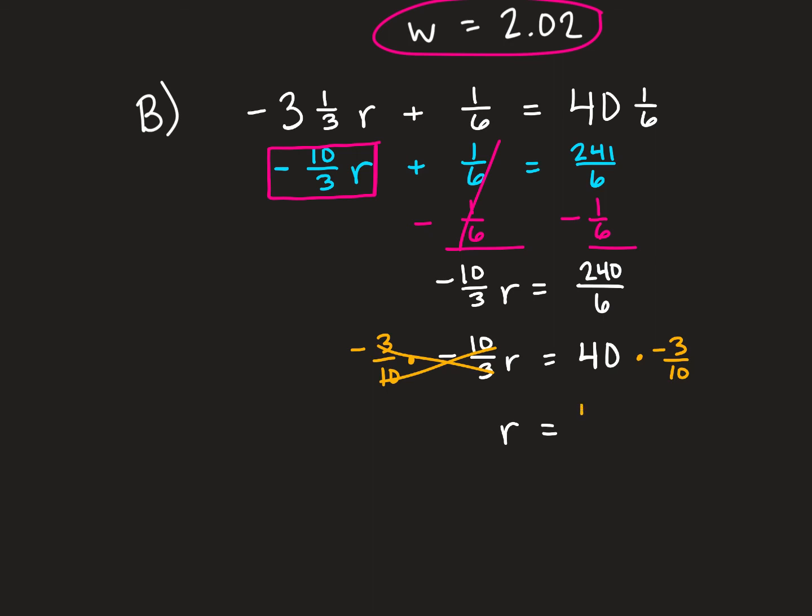I could say that's 40 over 1 times negative 3 over 10. We get negative 120 over 10, which does reduce to negative 12. And we're done with our review of solving equations, and in this case we've used fractions and decimals.